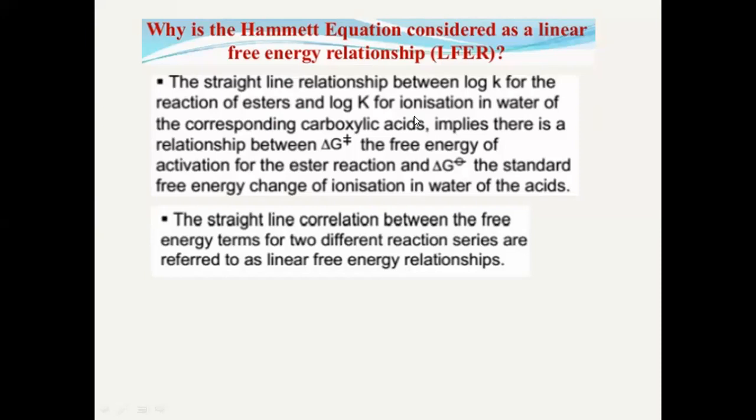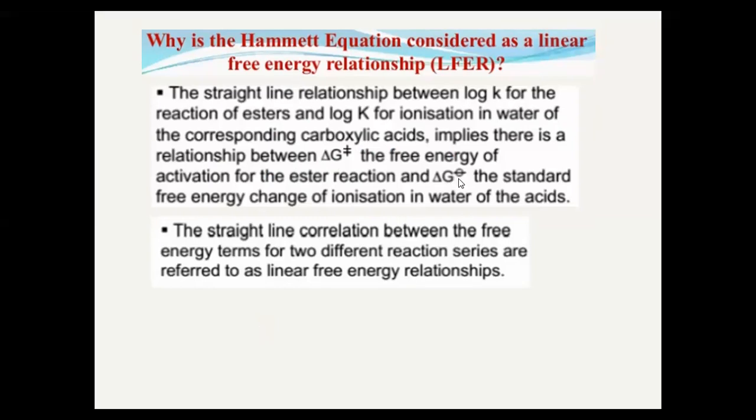And log K for ionization in water of the corresponding carboxylic acid implies there is a relationship between delta G star, the free energy of activation for the reaction, and delta G 0, the free energy change for the ionization of the acid in water.